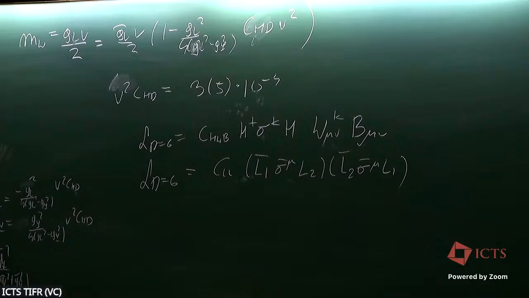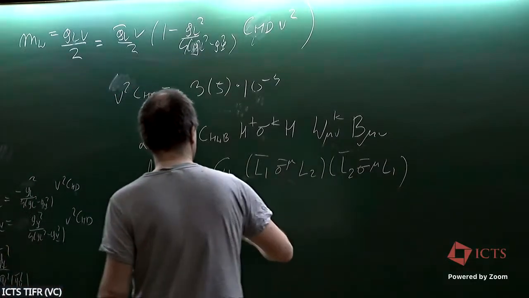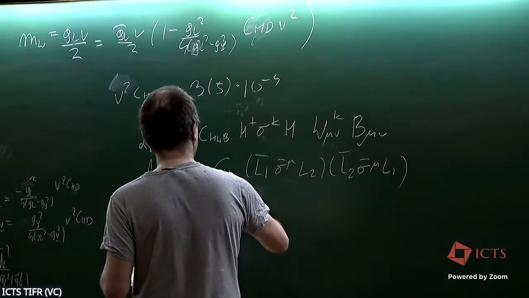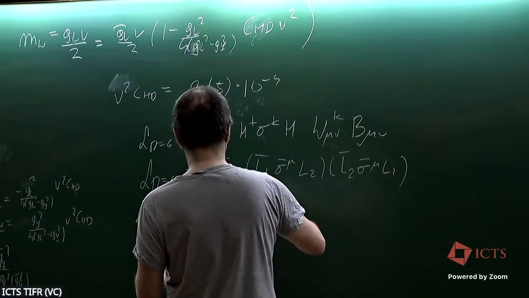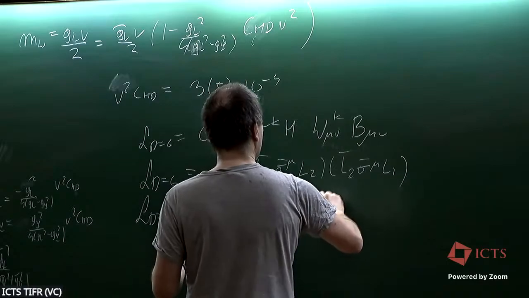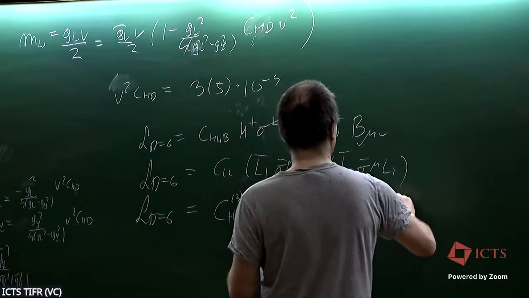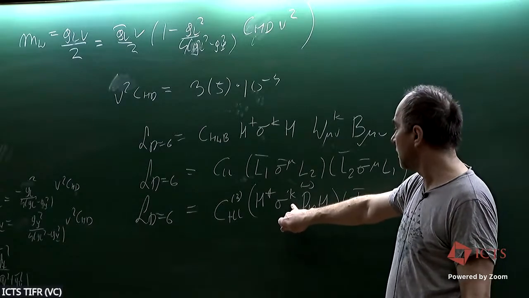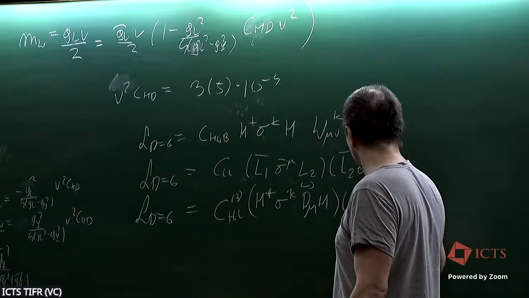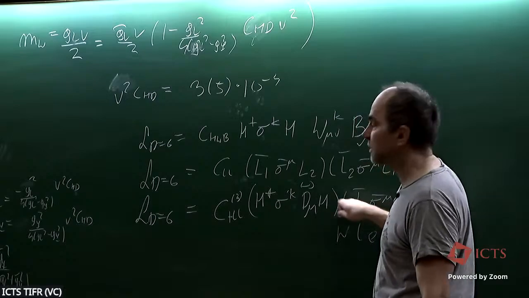One should also say that there is also this operator, CHL3, H dagger sigma K mu H, and then L sigma mu sigma K L, because of the presence of the sigma matrices here, this operator contributes to the W coupling to electrons and muons, depending on which generation you take.